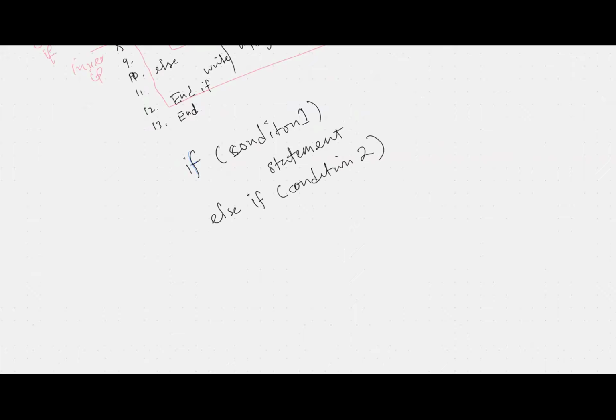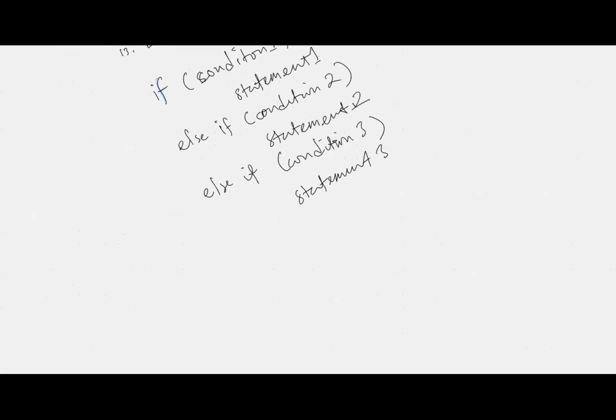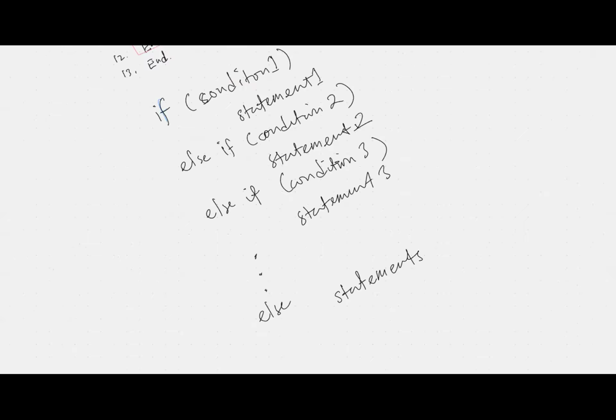So statement 1, statement 2. Then we can have else if, and then condition 3, and then statement 3, and then we can go on and on, and then finally we can add an else with statements about the else. If you remember, right? Most of you remember the lesson we had on this one. Any questions so far from those lessons? Any questions?